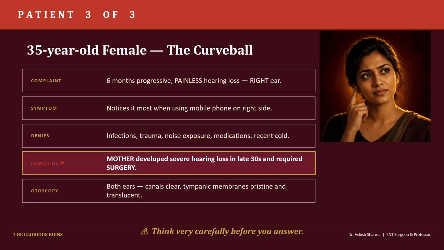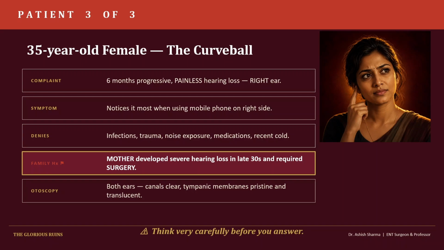Her mother developed severe hearing loss in her late 30s and required surgery. So, family history of hearing loss requiring surgery in the 4th decade of life, I note it. I say nothing yet. I let the tuning forks speak first.